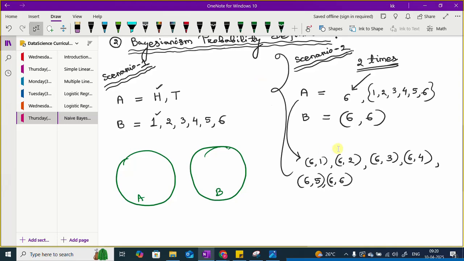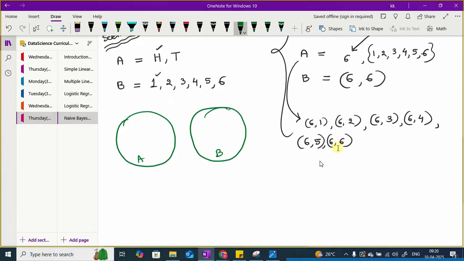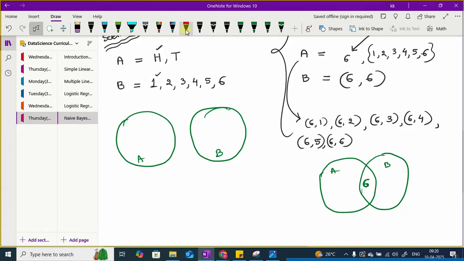But here, guys, what happens? As both are playing the same game, those are not independent of each other, they are dependent on each other. Let's say this is A, this is B. Now, let's say this is a common area C, that is 6. Why? Because A is also getting 1 time 6, B is also getting at least 1 time 6. Now, there is another chance that B will get another 6, because this is compulsory: 2 times B is getting 6.